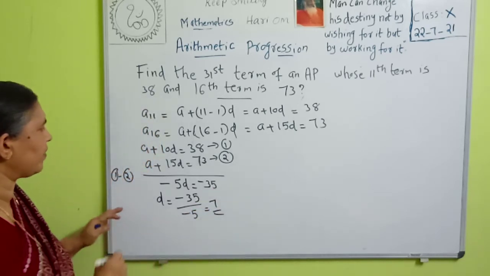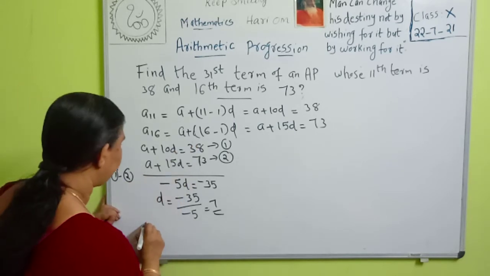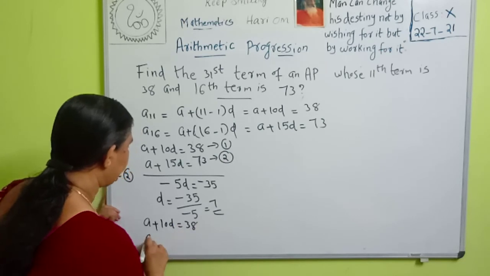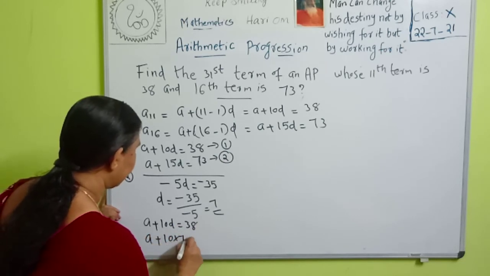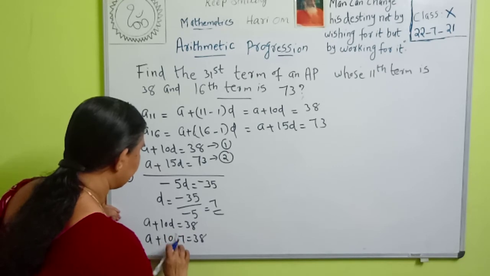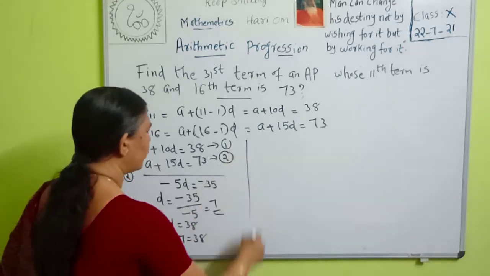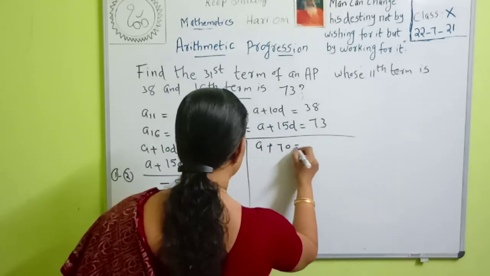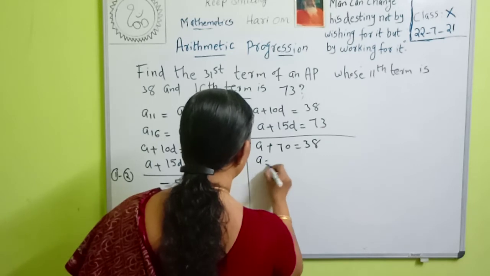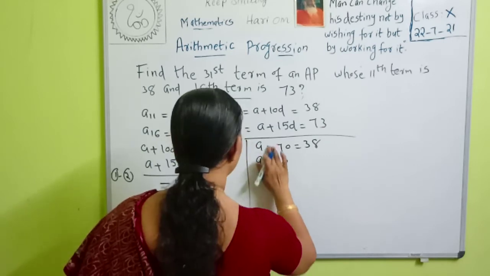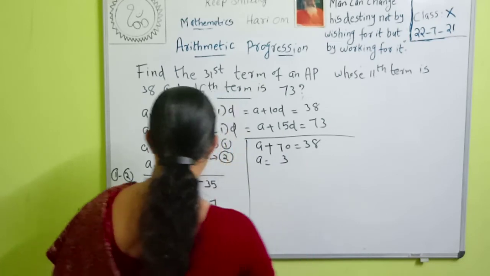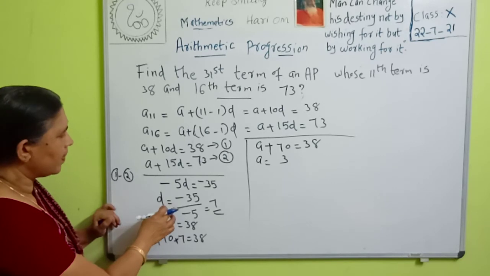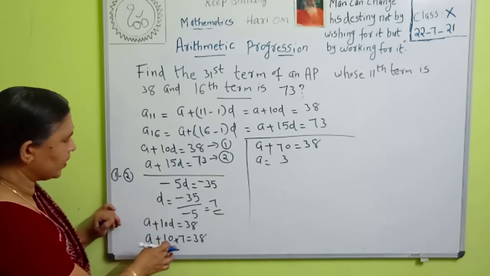Then if D is equal to 7, what is A? A plus 10D is equal to 30. That is A plus 10 into 7 is equal to 30.